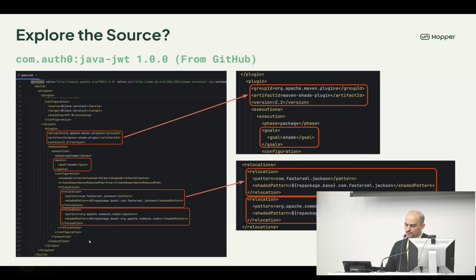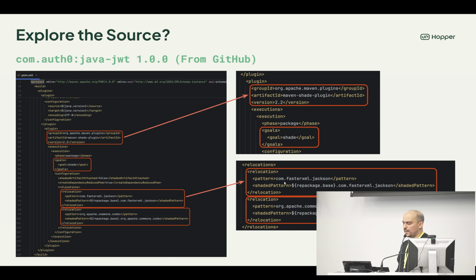And now if I continue in the POM, I can see that there is a process called shading. They're using the Maven Shade plugin. The goal here is shade, and we will generate a reduced POM. What I spoke about before: we reduce it from the POM that we deliver to Maven Central, and we relocate the packages.